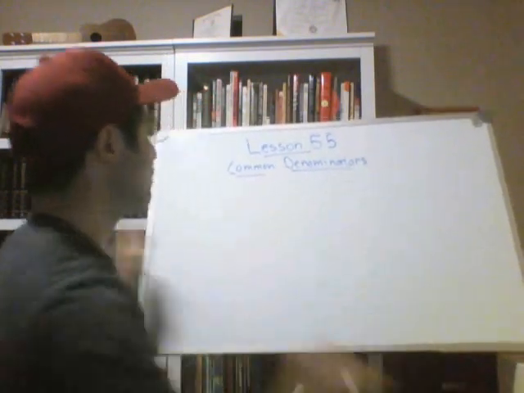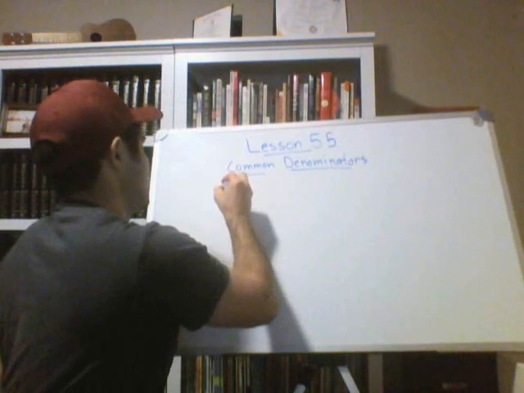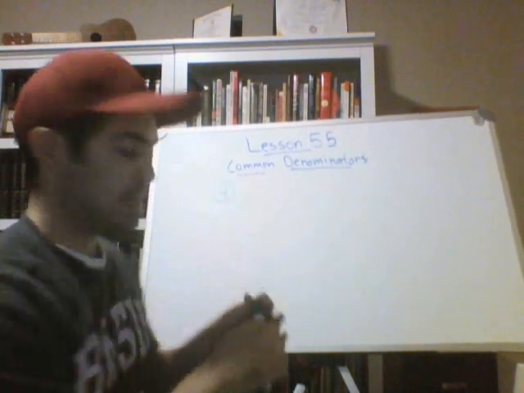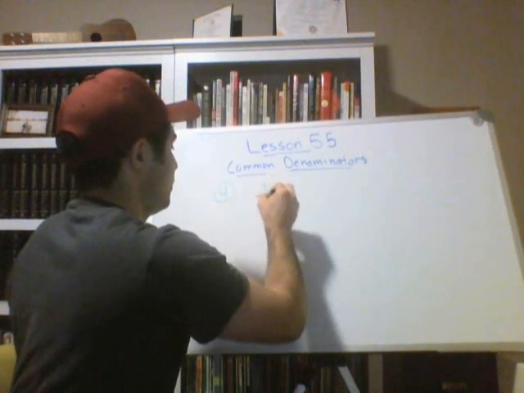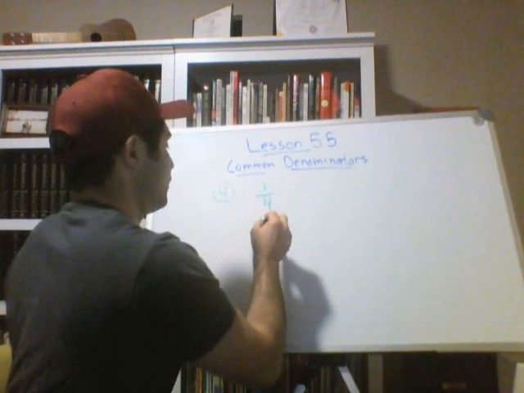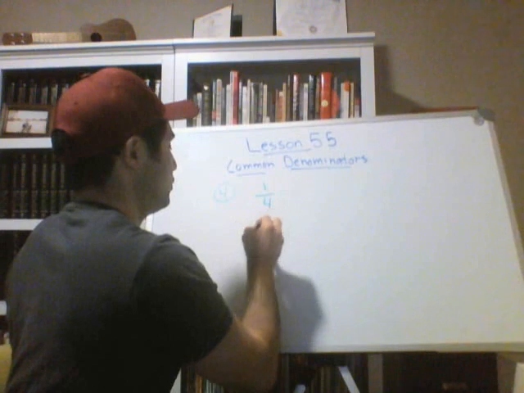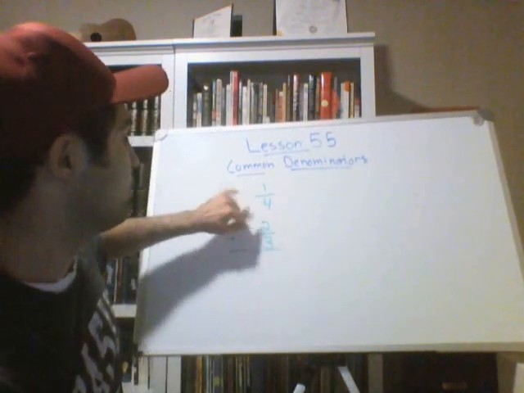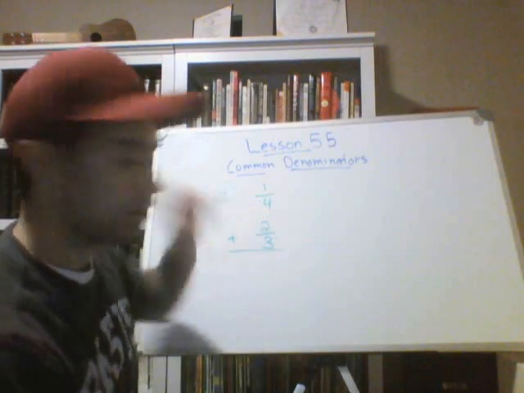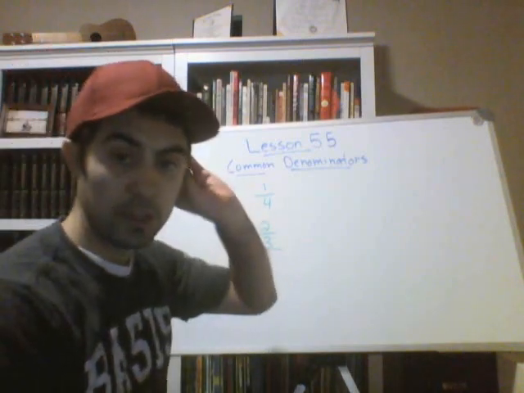Okay, so say you're adding two fractions, and say one fraction is 1/4 and the other fraction is 2/3. Look at the denominators, 3 and 4. So what are we going to do with those two numbers?